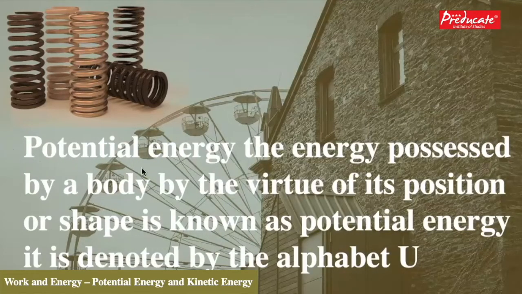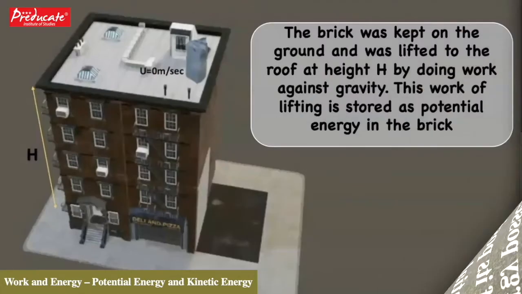Potential energy. The energy possessed by a body by virtue of its position or shape is known as potential energy. It is denoted by the alphabet U. In the previous example, the brick was kept on the ground and was lifted to the roof at height h by doing work against gravity.